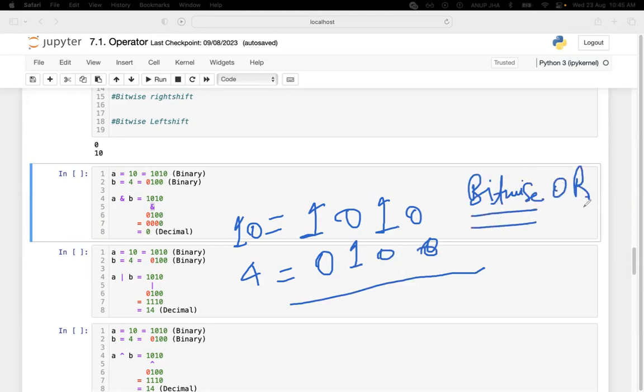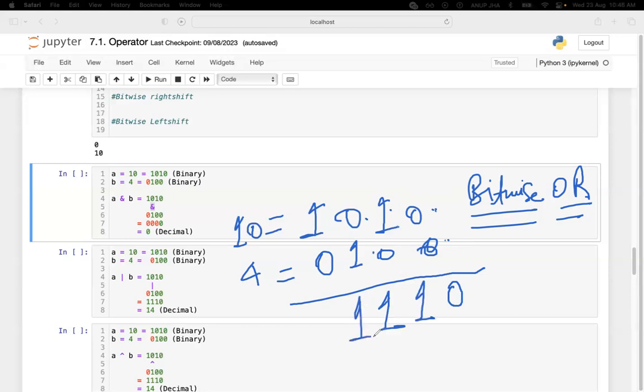The bitwise OR operator says if any one of these two bits is 1, I will give you the value 1. Here, 0 and 0, what value will I get? I will get 0. Here 1 and 0, since one value is 1 out of these two values, I will get 1. Here also out of the two values one is 1, so I will get 1.